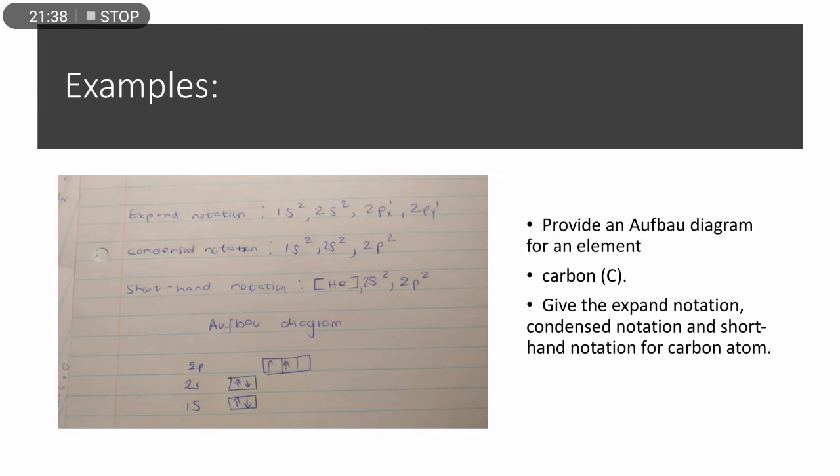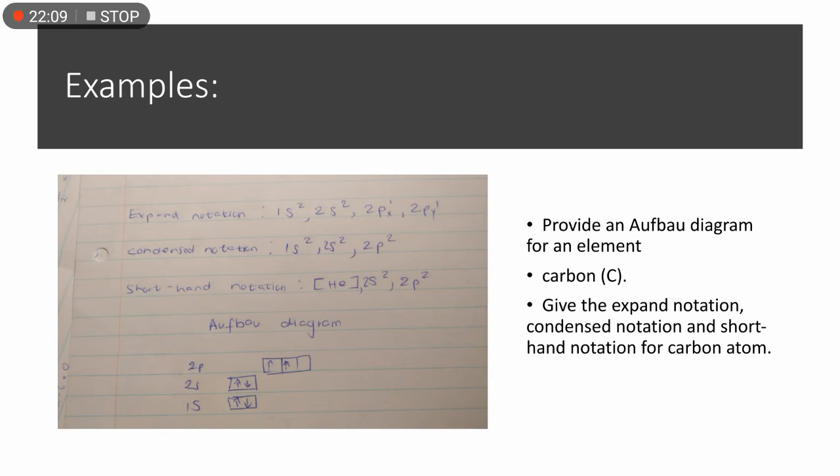But the expanded notation points out that the Aufbau diagram principle has been applied, which is the 2px orbital occupied by 1 electron, the 2py orbital occupied by 1 electron. Okay, with the structure here that you can see about the Aufbau diagram.